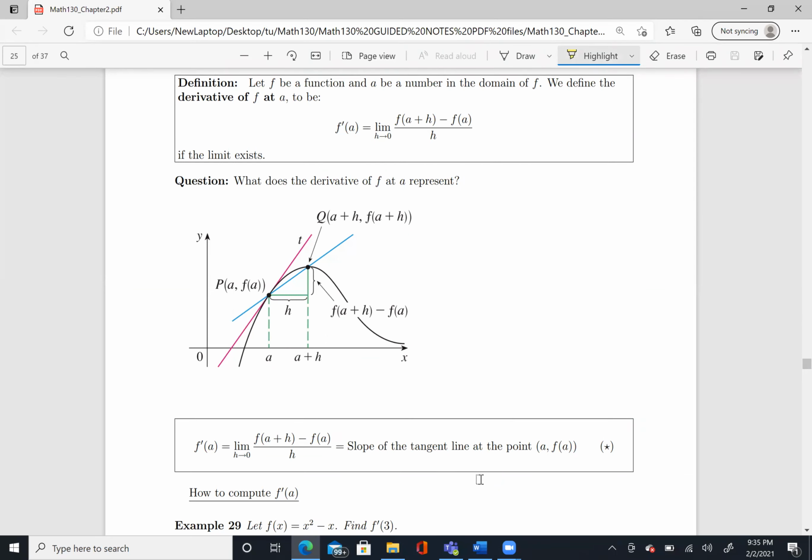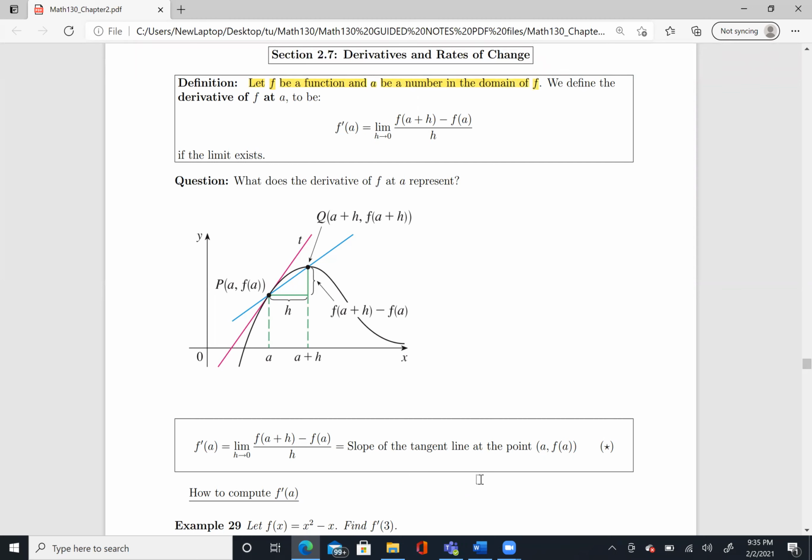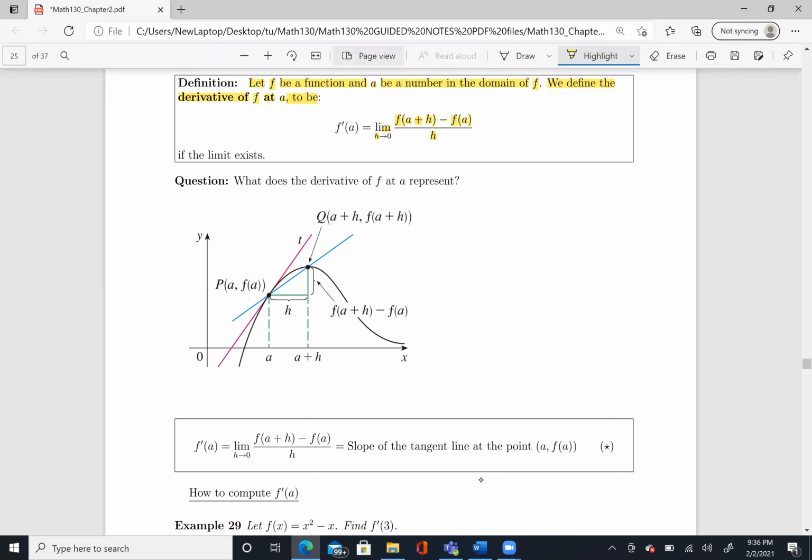Keep in mind that if we let f be a function and a be a number in the domain of f, we define the derivative of f at a to be f prime of a equal to the limit of f(a plus h) minus f(a), divided by h, with h going to 0, if the limit exists.